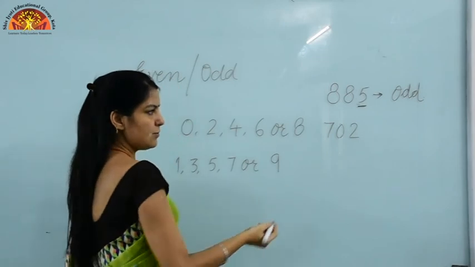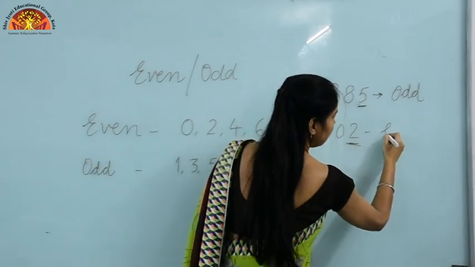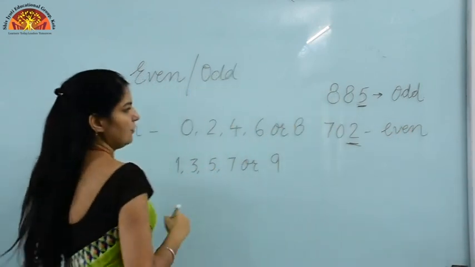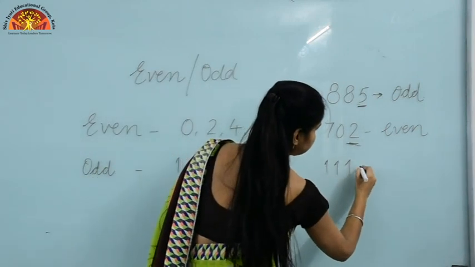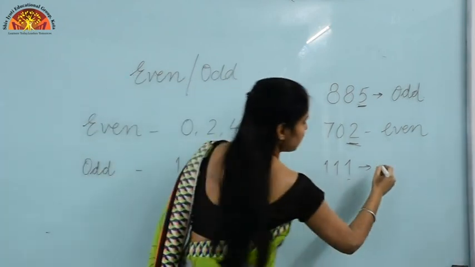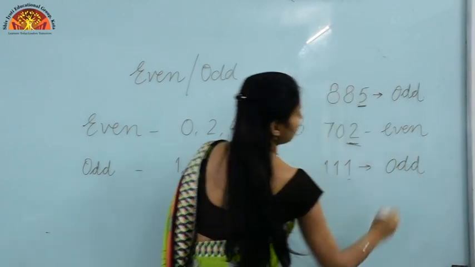It is ending with 2. So the whole number 702 will be even. One more example. 111. It is ending with 1. So this whole number 111 will be odd.